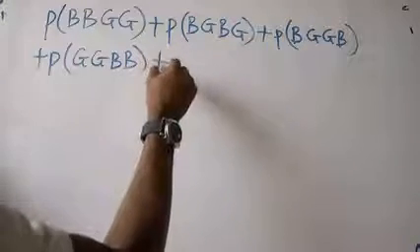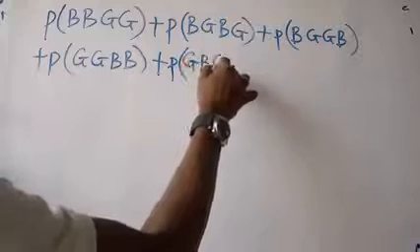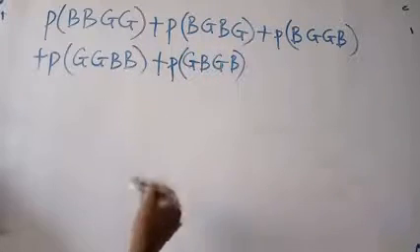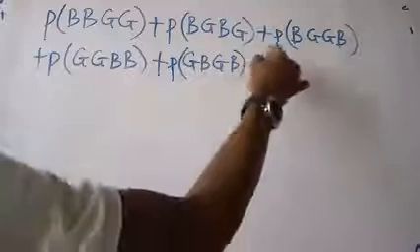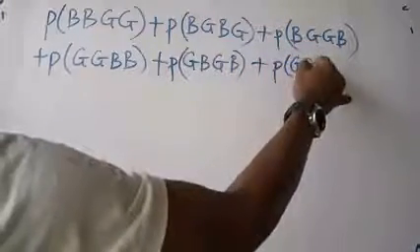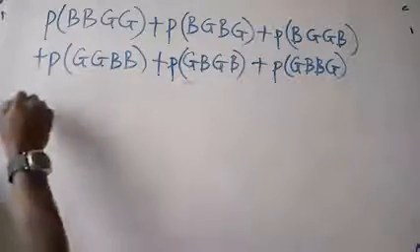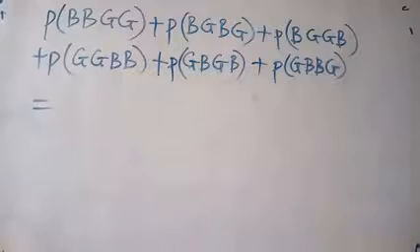Or it could be the reverse of this one too, which is G, B, G, B. Or we could reverse that one too, and we could have G, B, B, G. I think these are all the options that we have. If you check it properly, that's all the options we have.